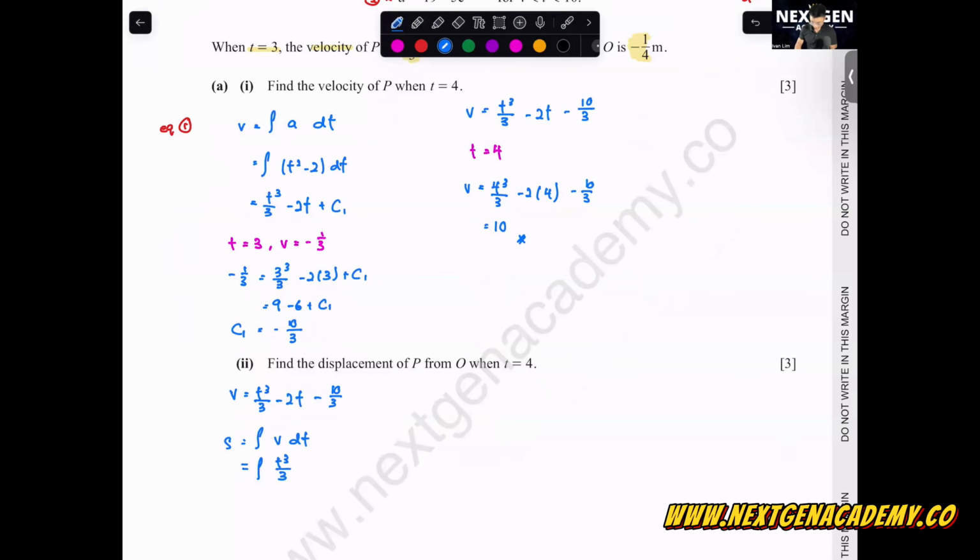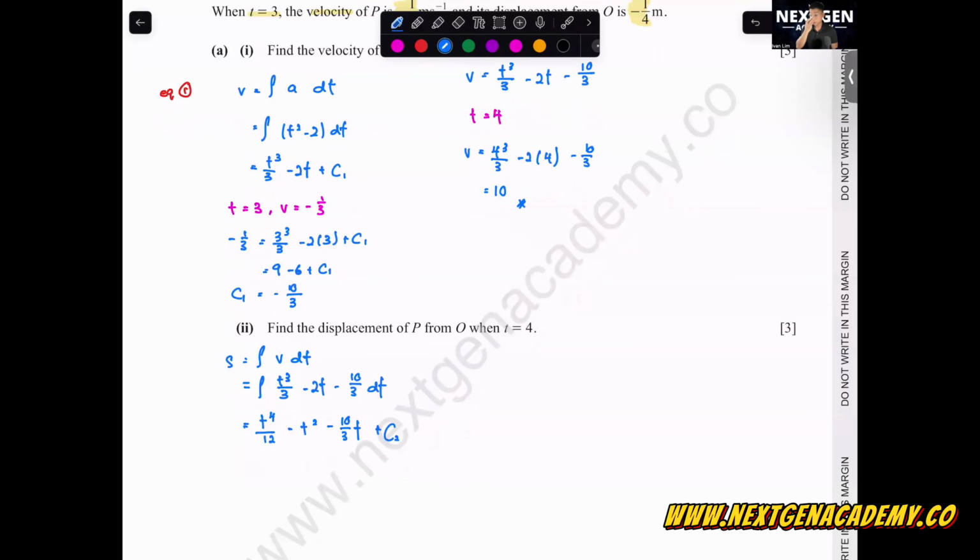Let's not write all the redundant parts. Integrate t cubed over 3 minus 2t minus 10 over 3 dt. This one will be t to the power of 4 over 12 minus t squared, because it's t squared over 2 times 2, minus 10 over 3 t plus, let's write here c2.